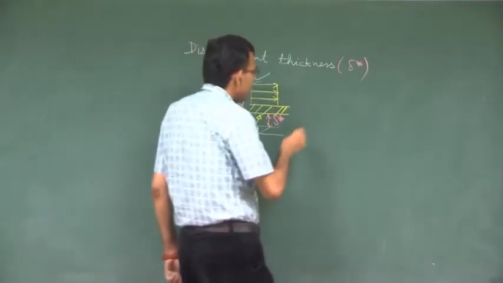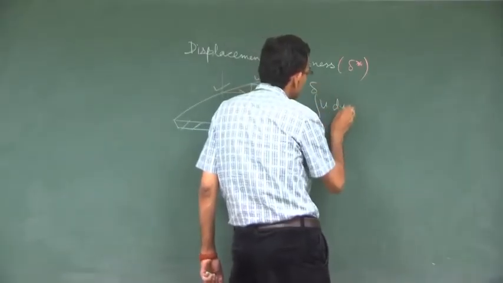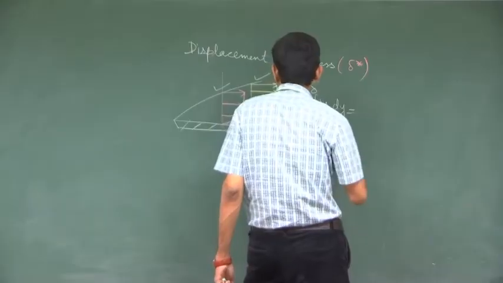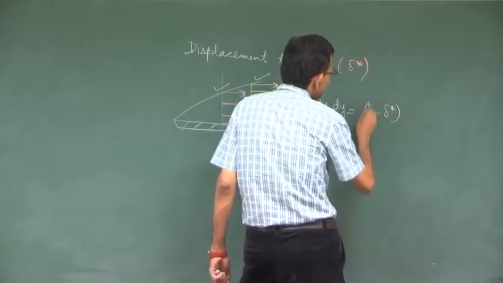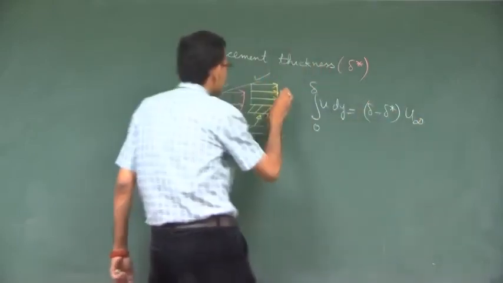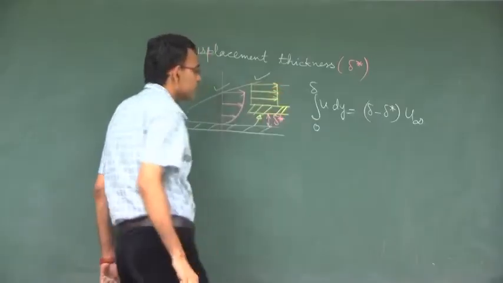Then, because the flow rate remains the same, you have the integral of u dy from 0 to delta is equal to delta minus delta star, into u infinity. This length is delta minus delta star.